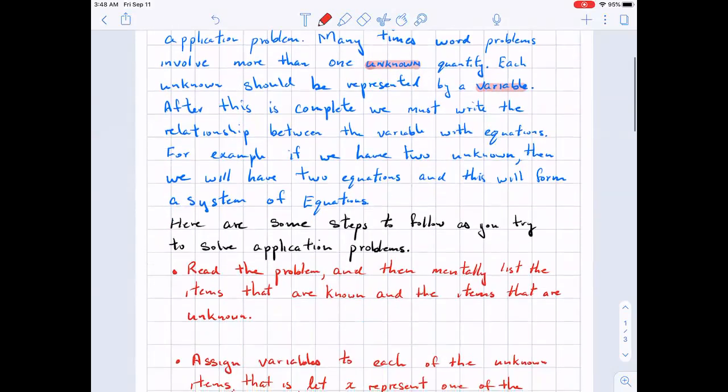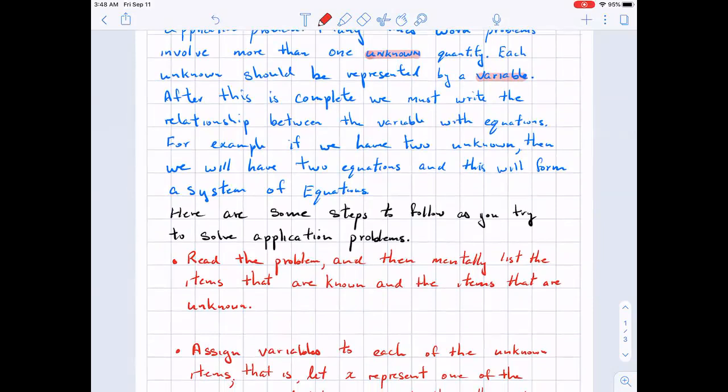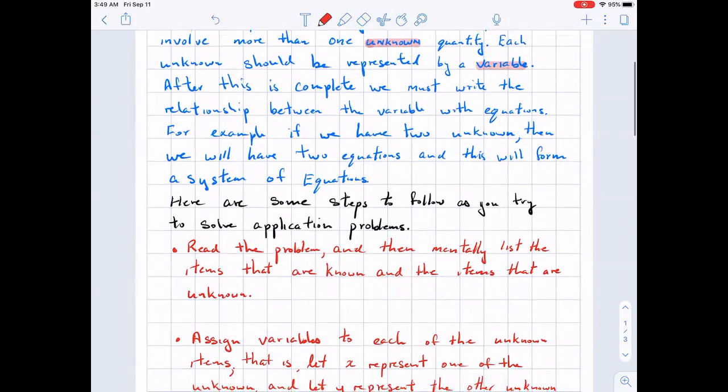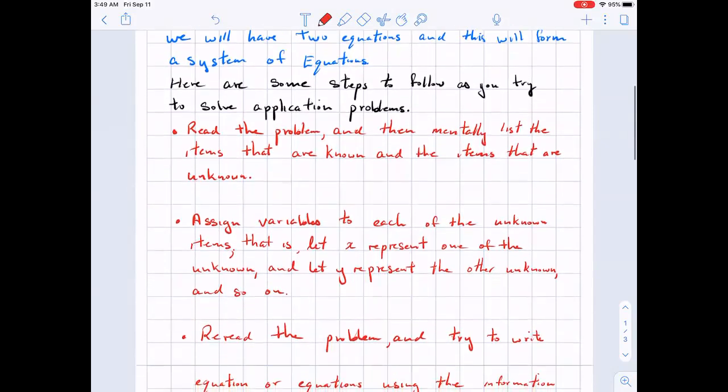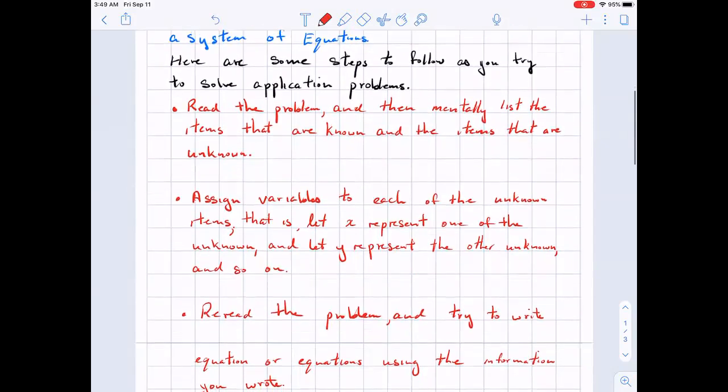Here are some steps to follow as you try to solve application problems. 1. Read the problem and then mentally list items that are unknowns. Do not try to write or solve a problem by reading it once.